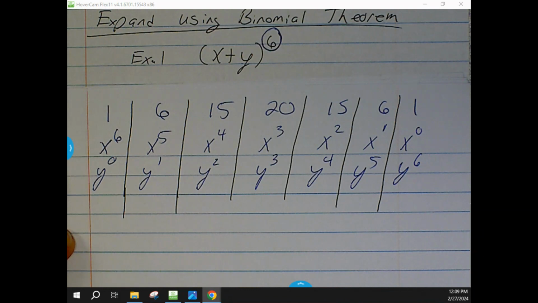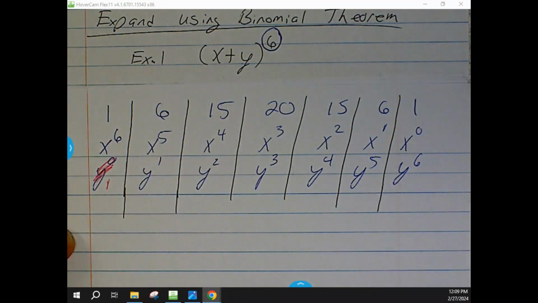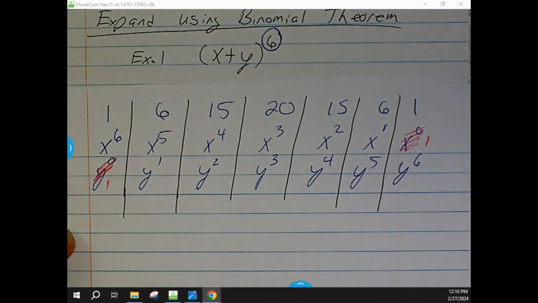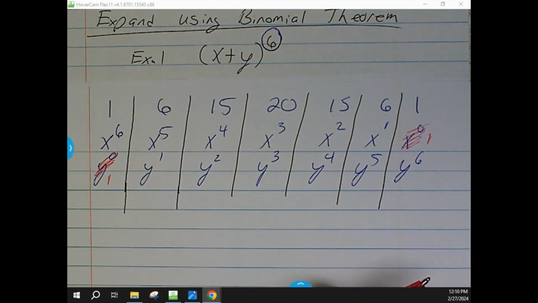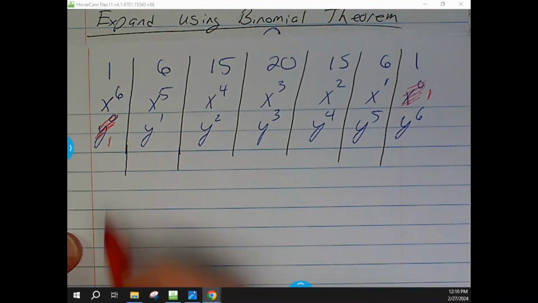So where we've got a 0 power, you can just scratch that out and put a 1. Anything with a 0 power, just scratch it out and put a 1, because that's really what it is at that point. Then you multiply everything in each column together.